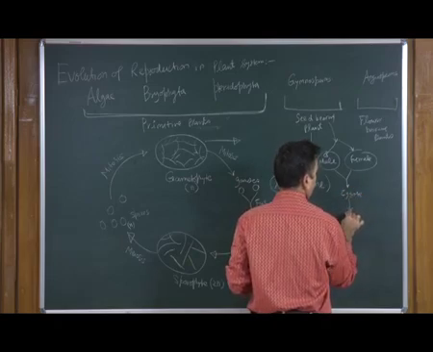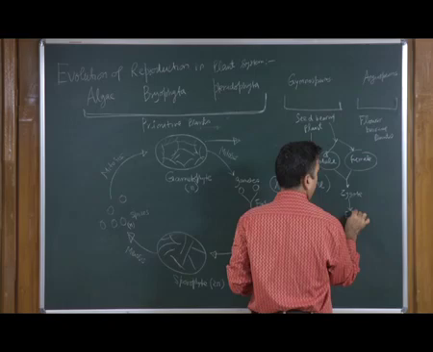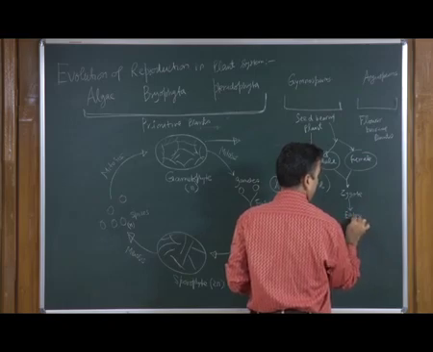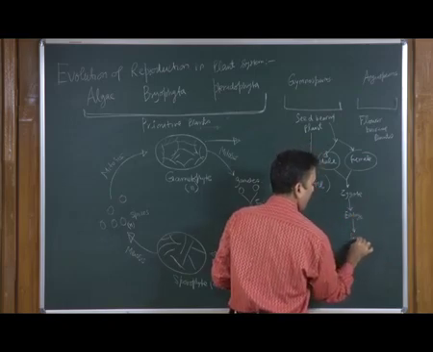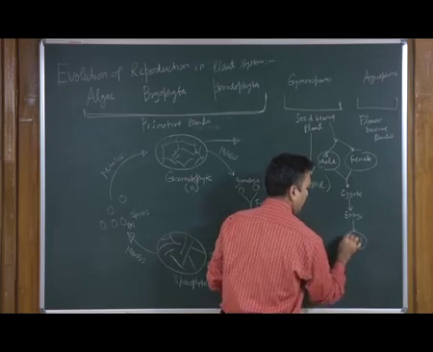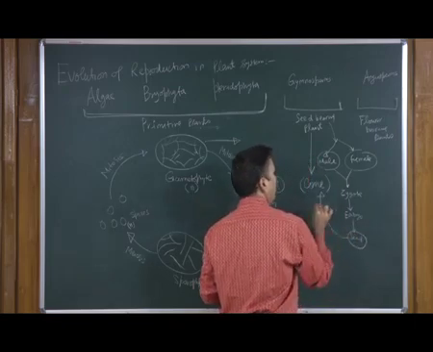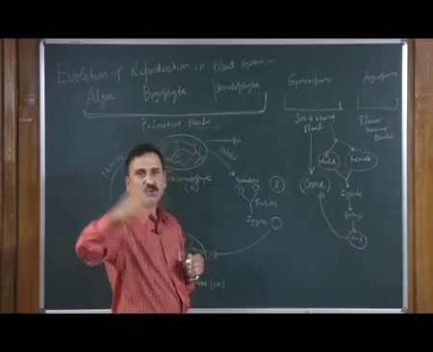The zygote will then eventually develop into an embryo, and this embryo is present in the form of a seed, and this seed is not being thrown into the environment.